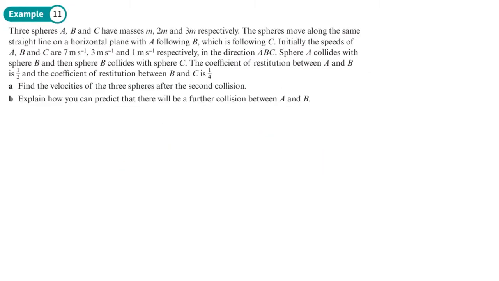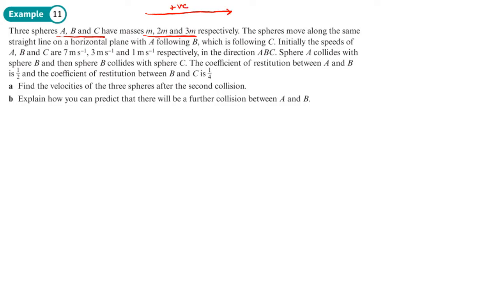Three spheres, A, B and C. Their masses are m, 2m and 3m. They're moving in the same straight line in a horizontal plane with A following B, which is following C. So I'm going to take this direction as positive, all moving that way.